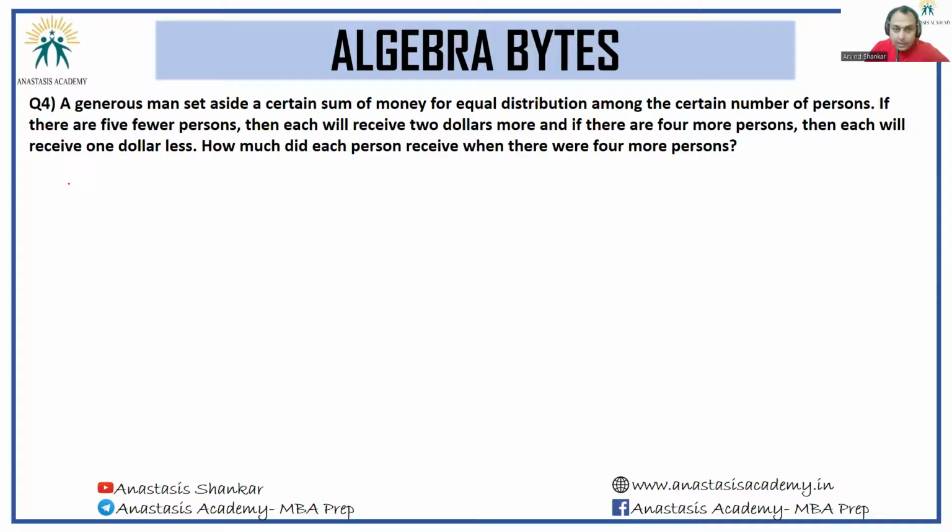So let each person receive R, and there are n persons. So the total amount with the generous man is Rn. And this is also equal to, if there were 5 fewer persons, then each would receive $2 more, so R plus 2 into n minus 5.